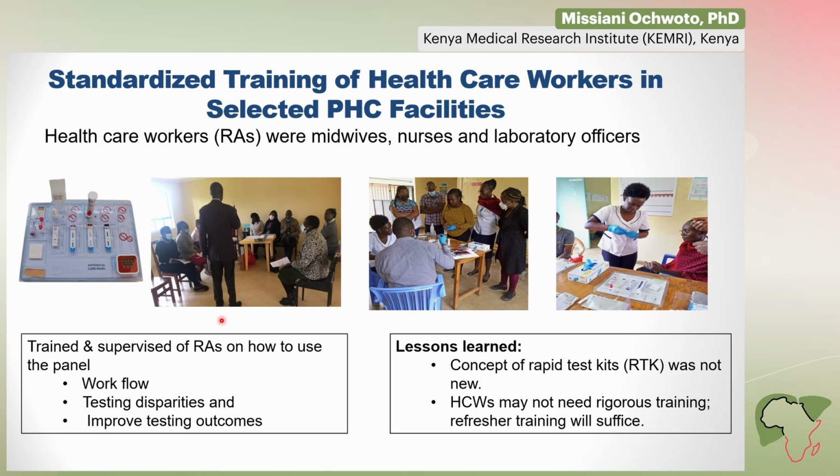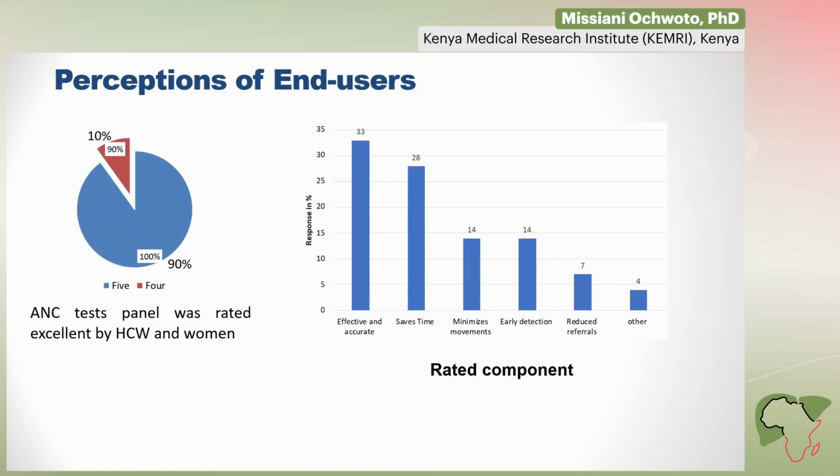When we did that, we explained to them, we demonstrated to them, and then we allowed them to do the test. What we learned is that the concept of rapid tests, and using all the rapid tests, wasn't new. That's something they are used to. And therefore, rigorous training may not be needed to roll out an added kit to the facility, and a refresher will suffice.